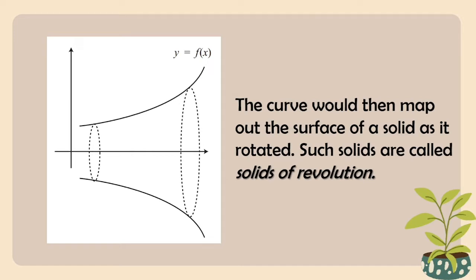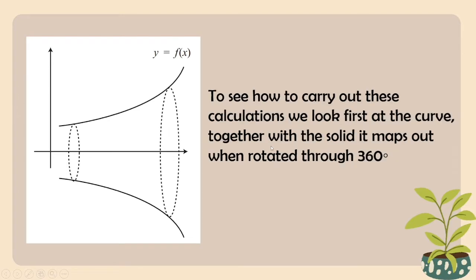If the curve was a straight line through the origin, we would obtain the surface of a cone, right? Now, we already know the formulas for the volumes of the sphere and cone. So using those formulas, we will calculate the volumes of solids of revolution.